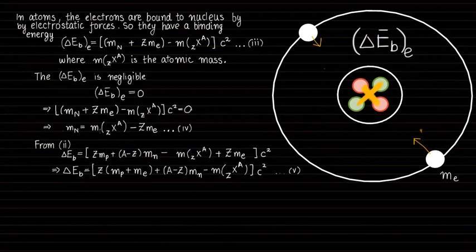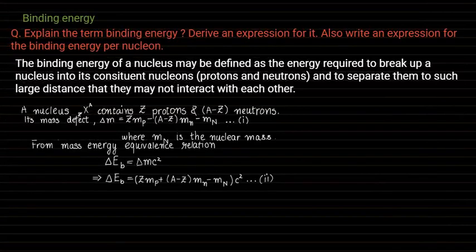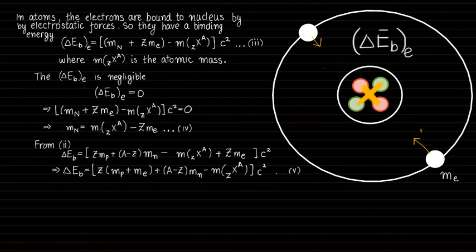But most of the time in your numericals, they don't give the nuclear mass. Rather they give you the atomic mass, or the atomic mass you can write down using your memory.